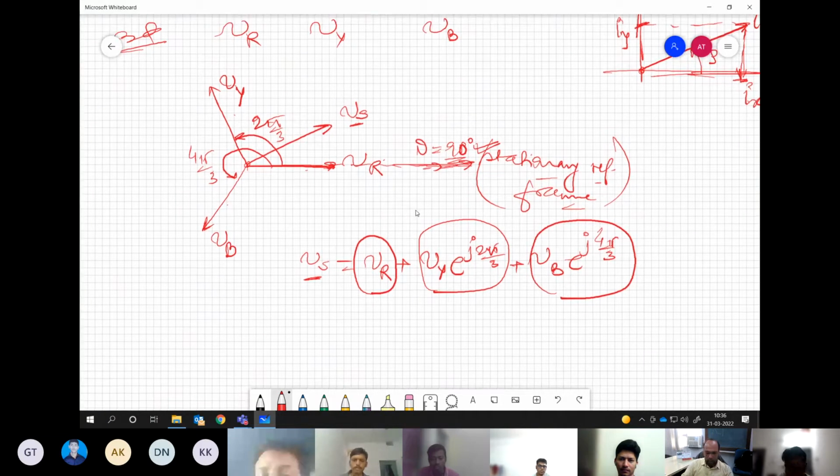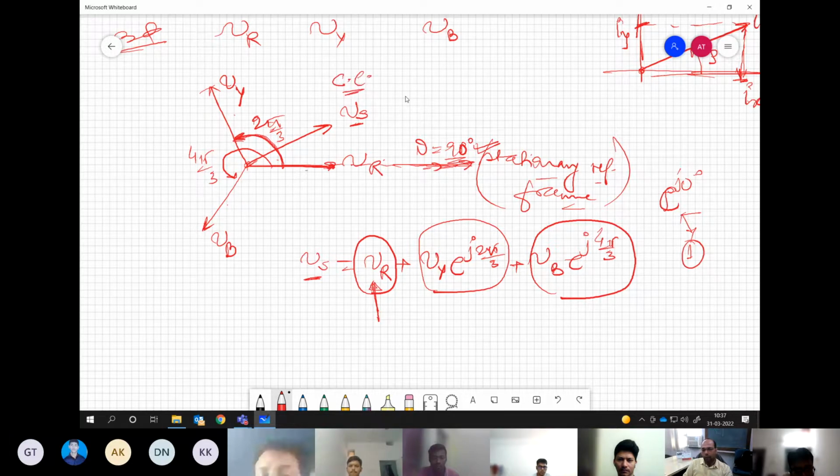Now, similarly, when we are taking this as our reference axis, the Vr is sitting at 0 angle. So that's why I have written only Vr. It's e raised to the power j 0 degree, which is nothing but 1. Now Vy, having magnitude Vy, is at an angle 2 pi by 3 in the counterclockwise direction.